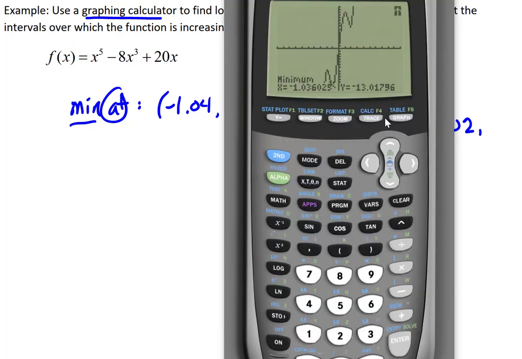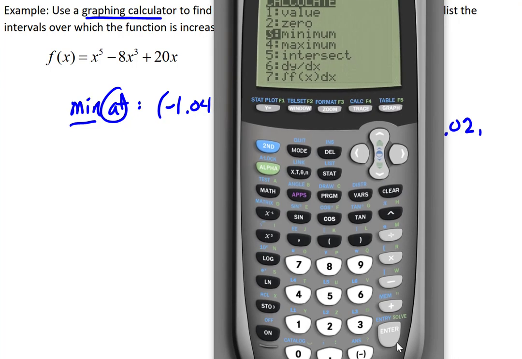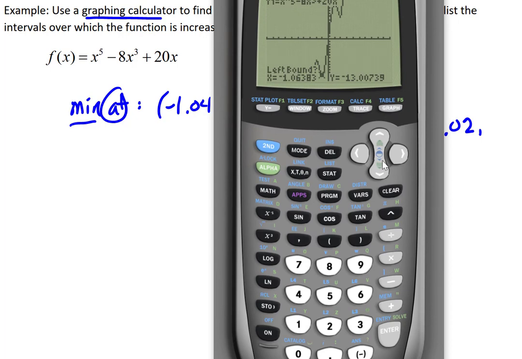We'll have to start over by hitting second calc again, and then again select minimum. And this time we're going to look for the other minimum, which was in quadrant 1, somewhere around where x is 1 or 2, somewhere close to that. So we're going to scroll over there and answer the exact same question. We want a left bound. I want to get close to that min, but not too close, so that I know I'm clearly to the left. Hit enter.